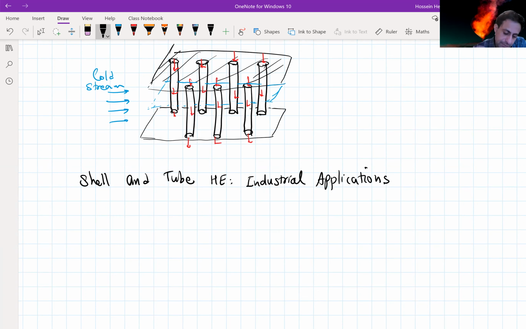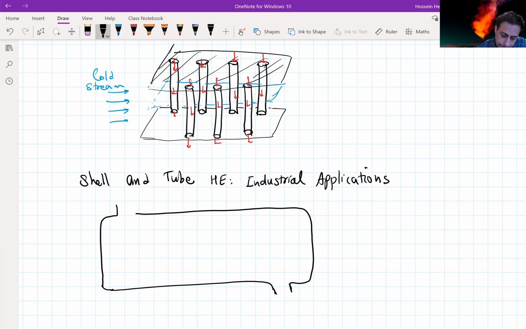So an example of that would be, if I want to draw a schematic, let's say we have this bigger shell. And then we have this internal flow.